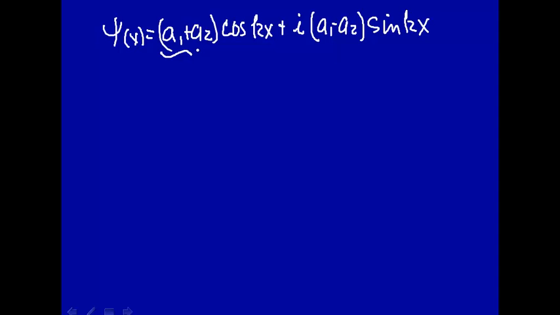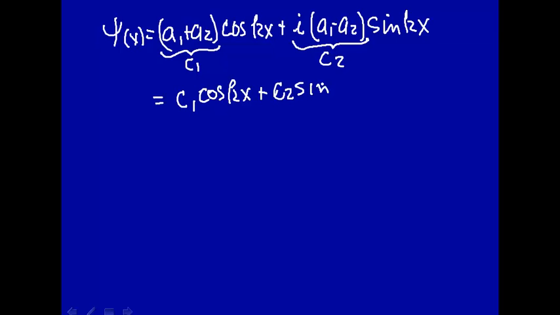Let's give these a different name. We'll call this C1, and this, including the i, we'll call C2. So we can write the solution to the Schrodinger equation, the wave function for a particle in a 1D box, as C1 cosine kx plus C2 sine kx.